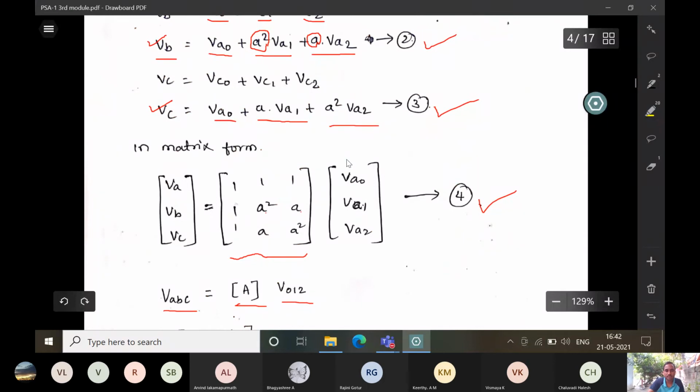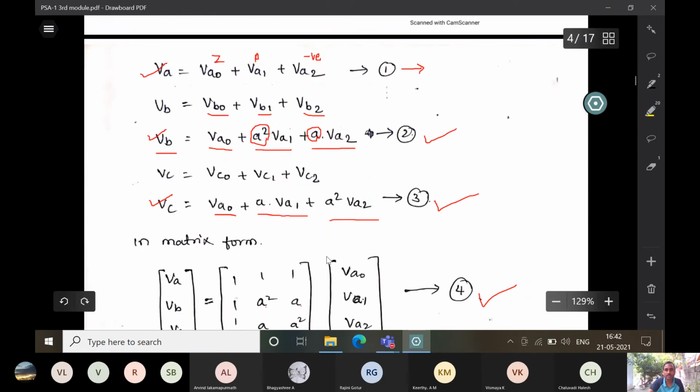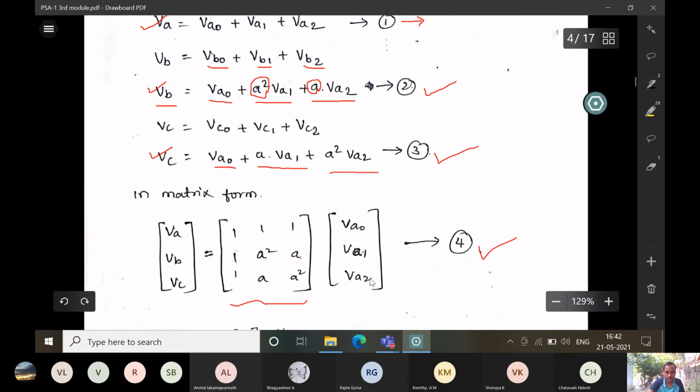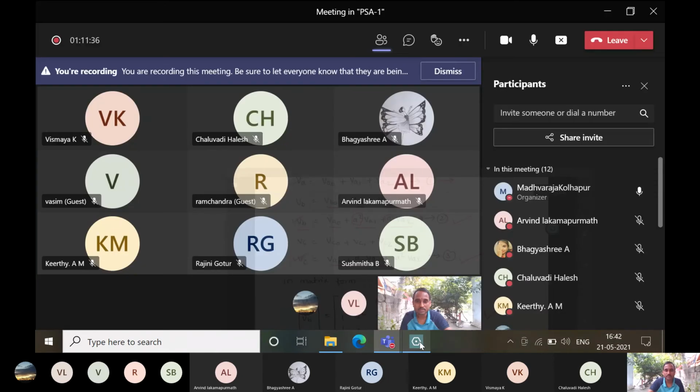The equation in matrix form: VA, VB, VC equals 1 1 1, 1 A square A, 1 A A square, into VA naught, VA1, and VA2. If you multiply this, you will get these three equations: equation 1, equation 2 and equation 3. Is it clear? Any doubt up to here?